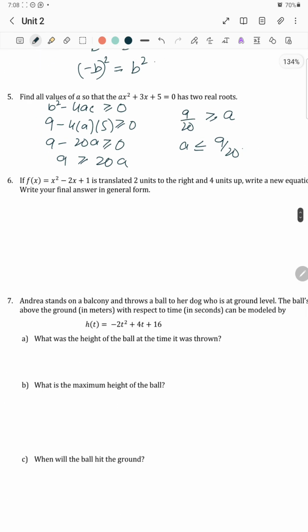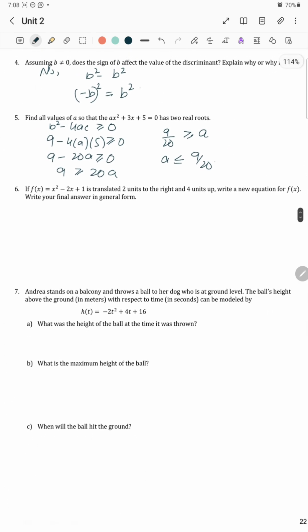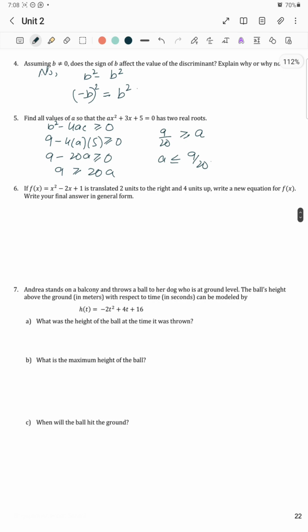If f of x is translated 2 units to the right and 4 units up, find the equation for f of x. We have to give our answer in the general form.